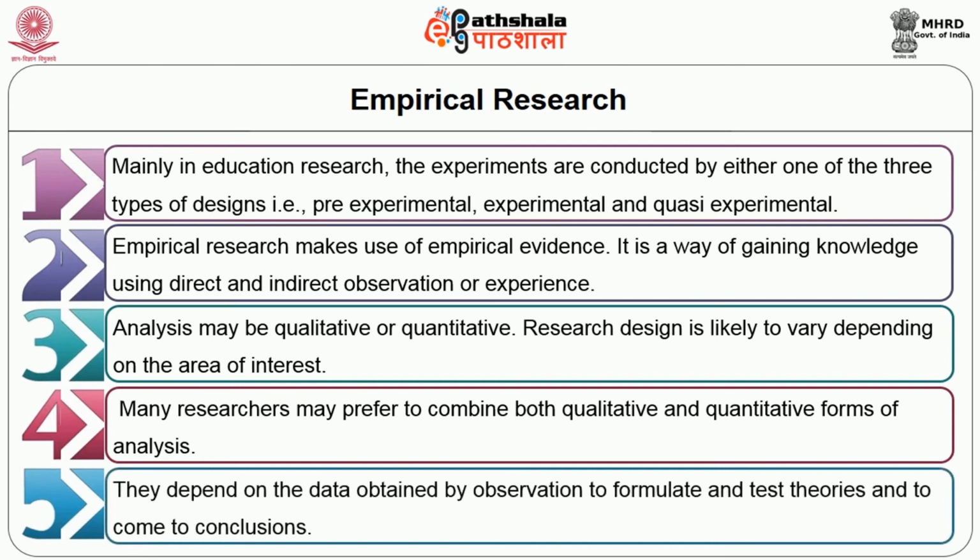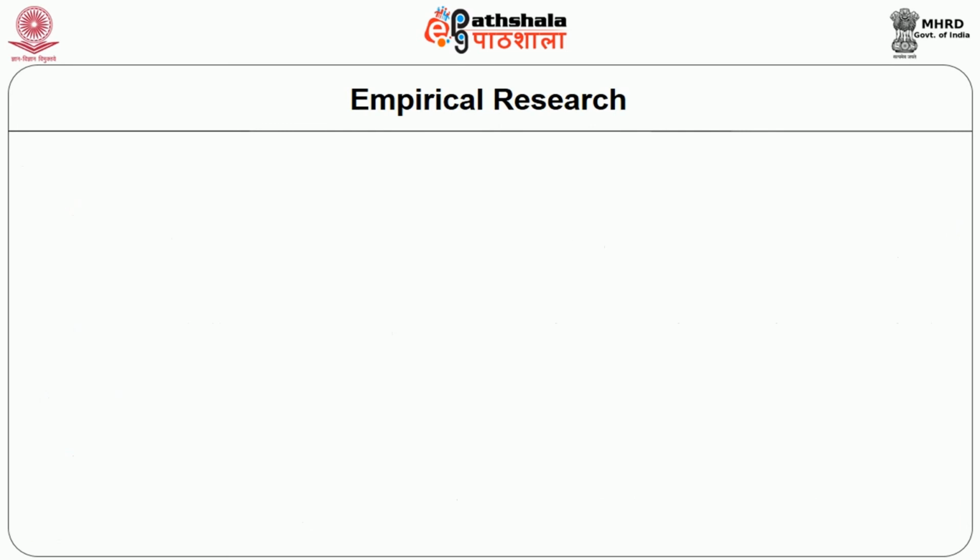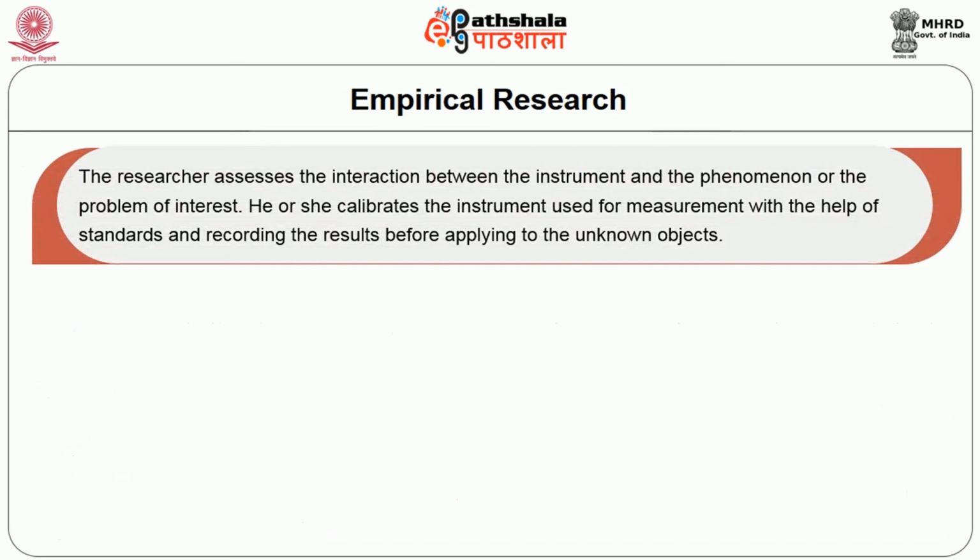They depend on the data obtained by observation to formulate and test theories and to come to conclusions. The researcher assesses the interaction between the instrument and the phenomenon or the problem of interest. He or she calibrates the instrument used for measurement with the help of standards and recording the results before applying to the unknown objects.